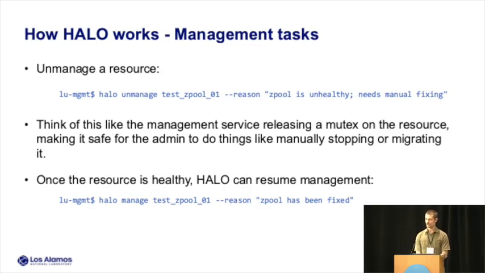Once you do that, you can do something like stop the resource for an extended period of time. You can manually fail it over to its partner node, whatever it is you need to do. Once you've done that and you're ready for Halo to begin management of that particular resource, you can have that resumed with the manage command.